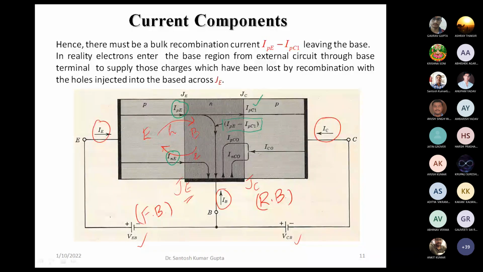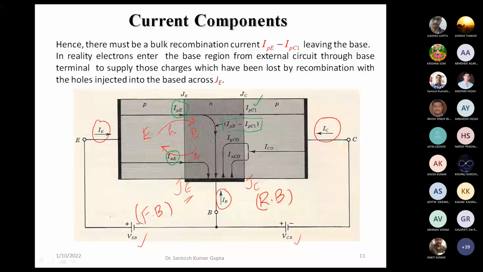We have already seen that the carriers which survive without recombination and reach the collector junction are collected by the collector.